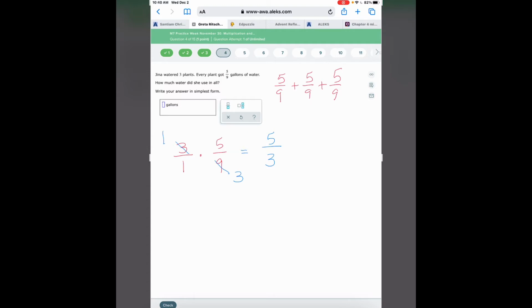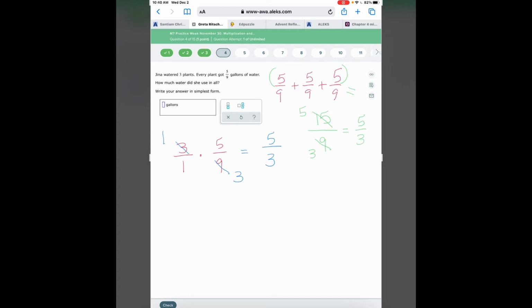Just to show you, if I had done this math, I would have 5 plus 5 plus 5, which is 15 on the top, because remember, we would do all of this all over 9, and then I need to reduce. 3 goes into 15 5 times, and 3 goes into 9 3 times, and we would get that same 5/3.